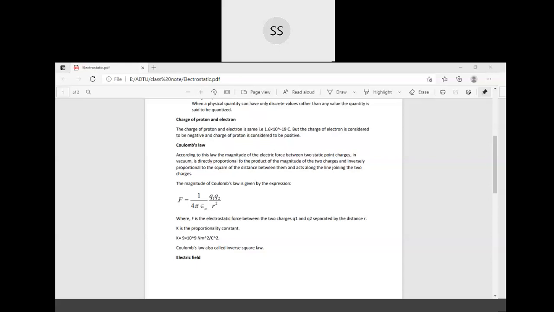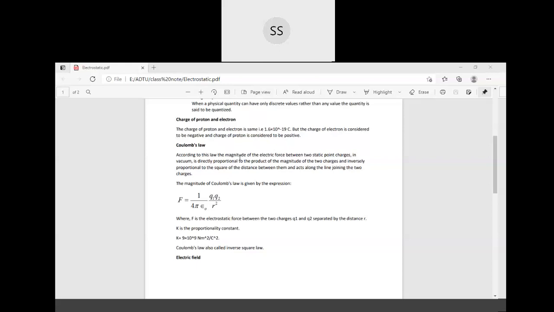Directly proportional means when the magnitude of the two charges is bigger, the force will be greater. When the magnitude is small, the force will always be small.